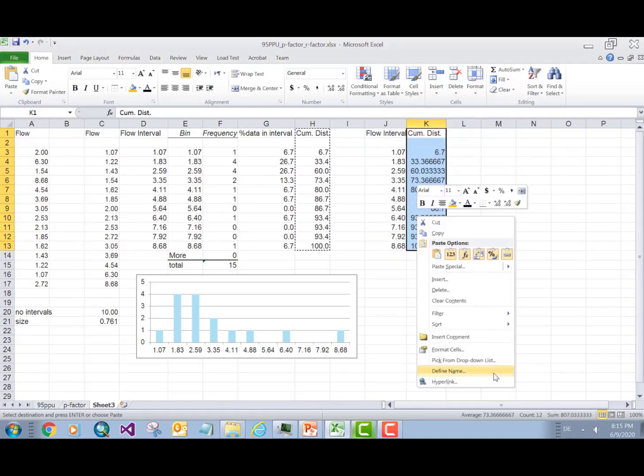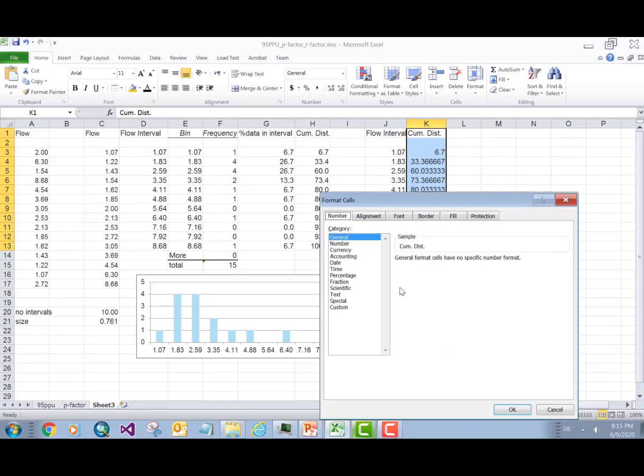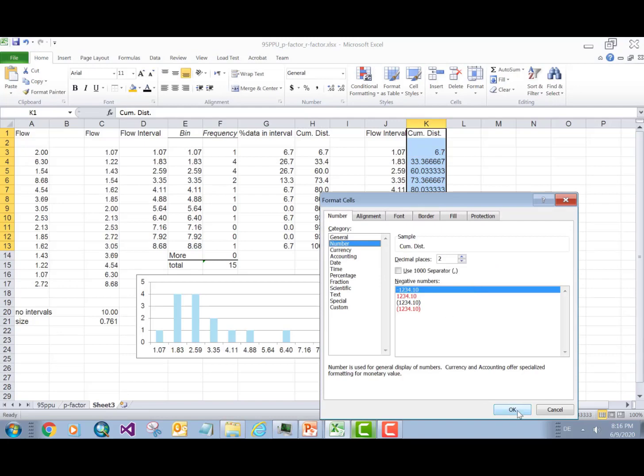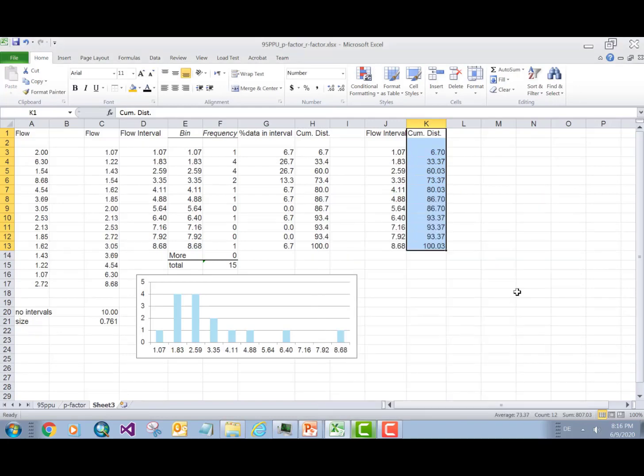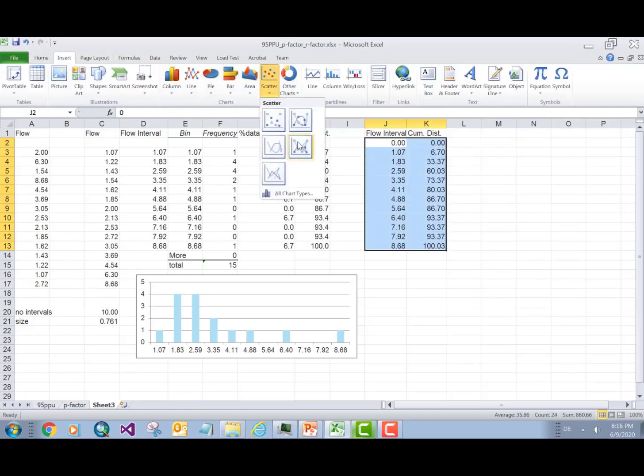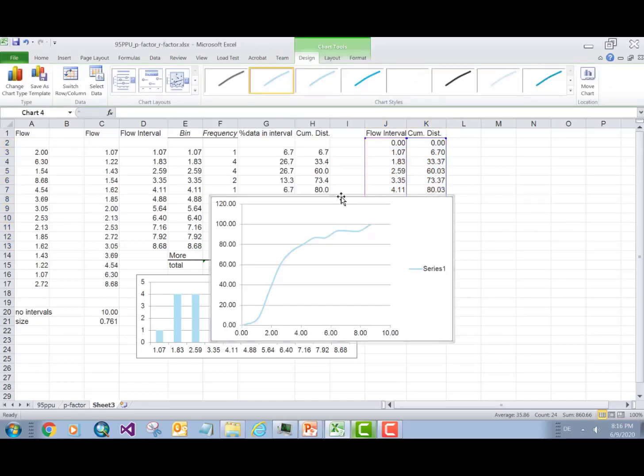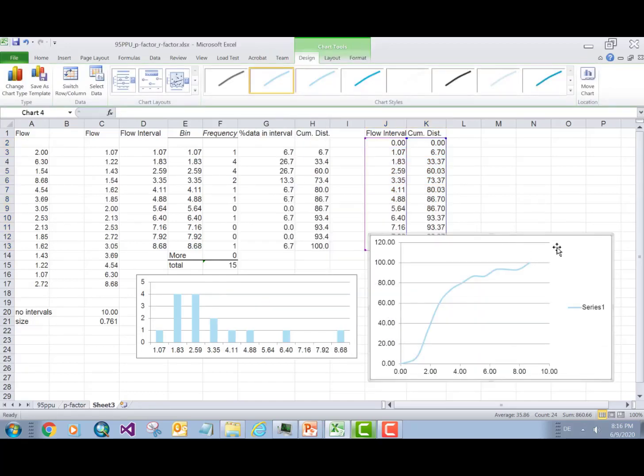Let me change this again to only 2 digits. Okay, so now I can add some zeros just to make our graphs go from 0. And then if I plot these against each other, insert, scatter. So I have here my cumulative distribution.